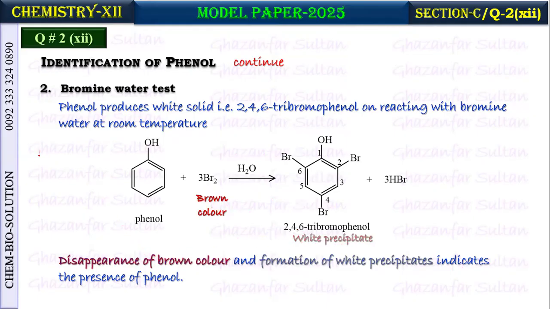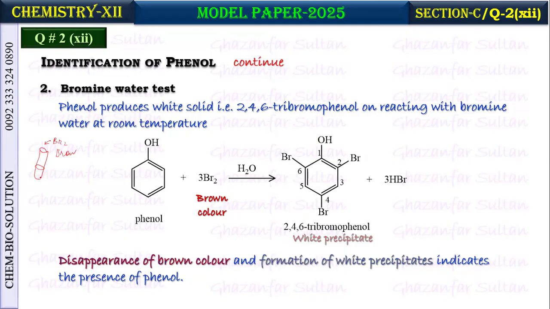So actually what happens when we perform this test in the laboratory? Initially the solution is colorless, but the drops of aqueous bromine when you add are brown in color. So when you add this, there would be no brown color.